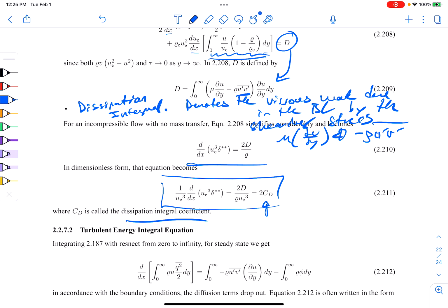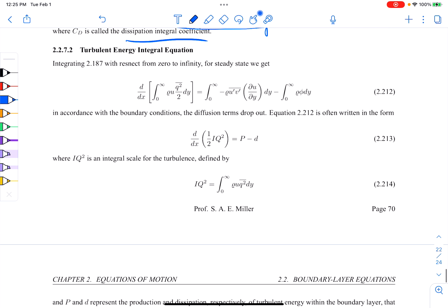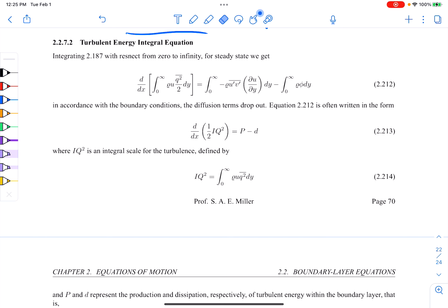Only a few more notes, and we'll be completely done with all the equation formulation, and that might make you happy. That's okay. And let's just make a note about the turbulent energy integral equation. Oh, let me get my highlighter. All right.